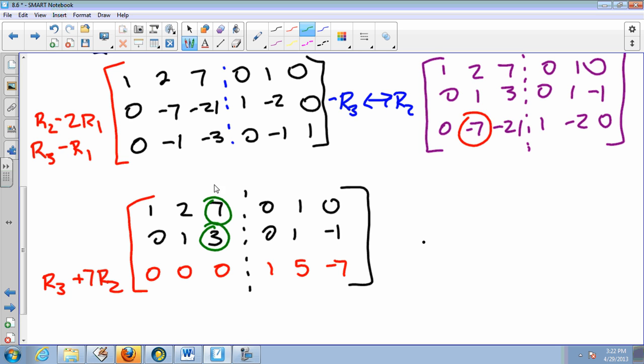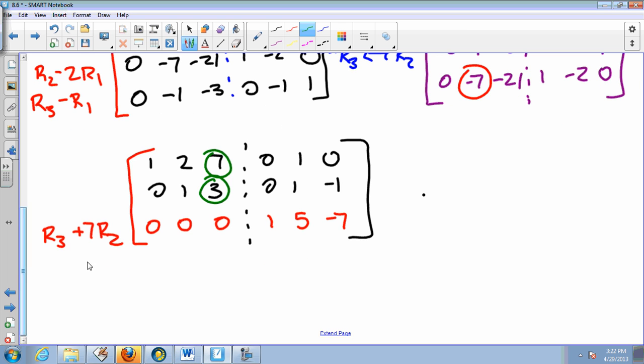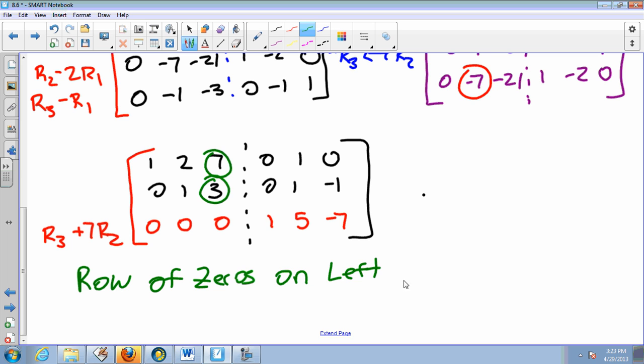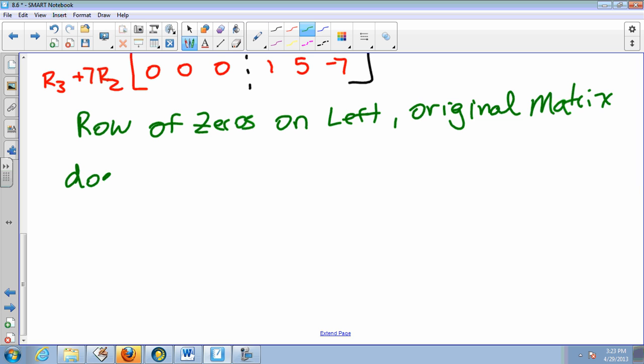So when we have a row of zeros on the left, the original matrix does not have an inverse. So this is an example of a matrix that has no inverse.